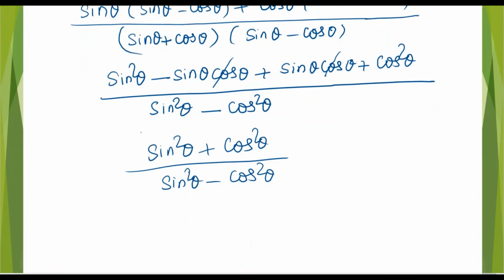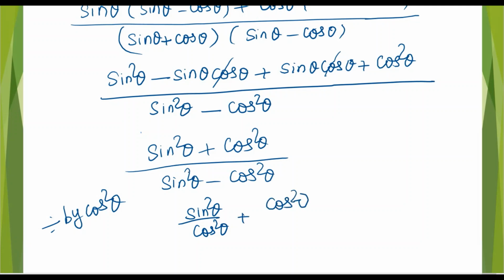So we will try to get the tan theta. What we can do here is divide each and every term by cos square theta. So you will get sin square theta divided by cos square theta, which is nothing but tan square theta. And cos square theta divided by cos square theta gets cancelled, you will get plus 1.